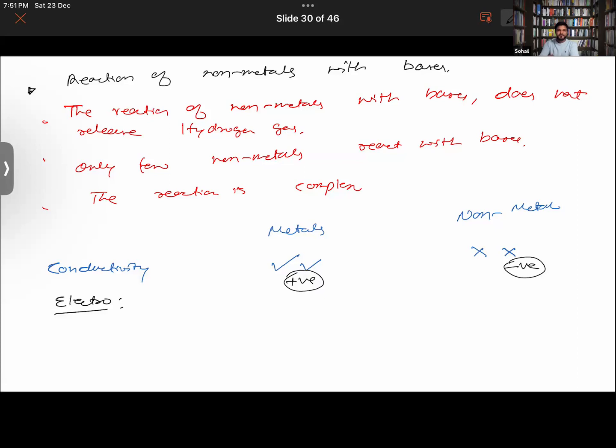But it would not come in physical properties. Exactly, these are part of the chemical properties. Now, what are some physical properties, like malleability? Metals are malleable while non-metals are not malleable.